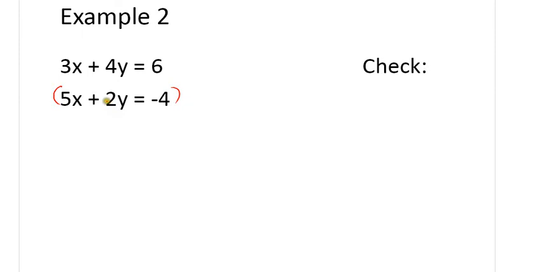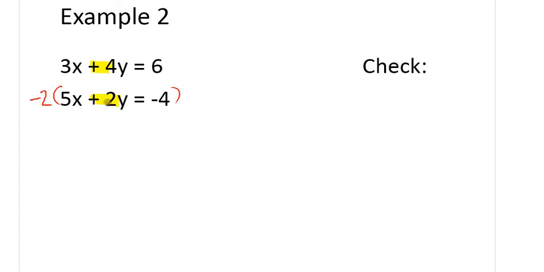In this case, I'm looking right here at the 4 and the 2. And I know that if I take 2 times negative 2, that will give me negative 4, which is an additive inverse to 4. So if I want to multiply this 2 by negative 2, I can multiply the entire equation by negative 2.